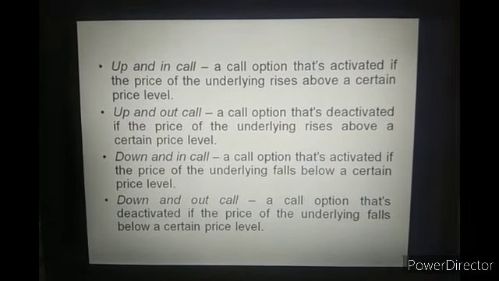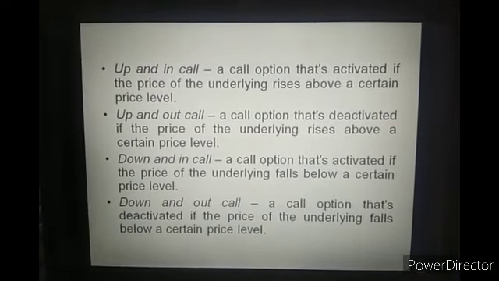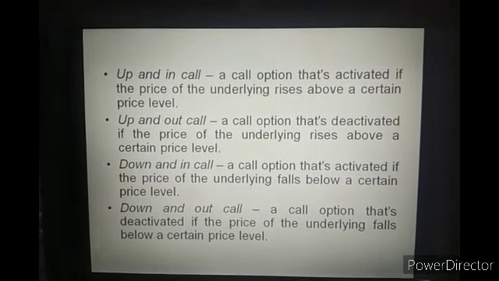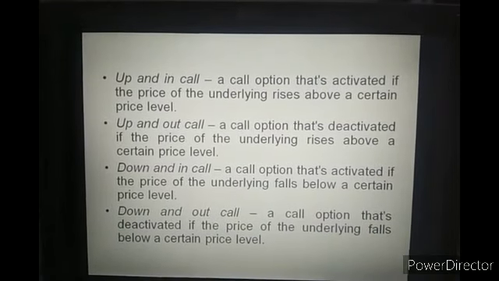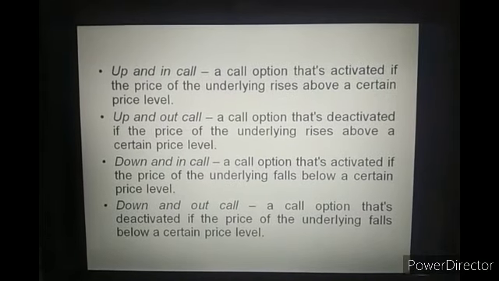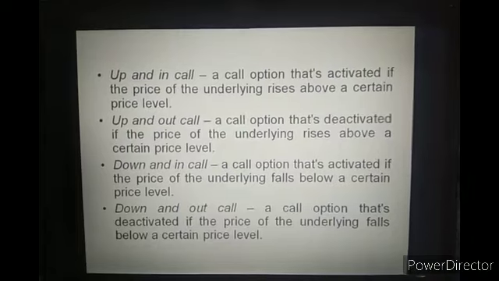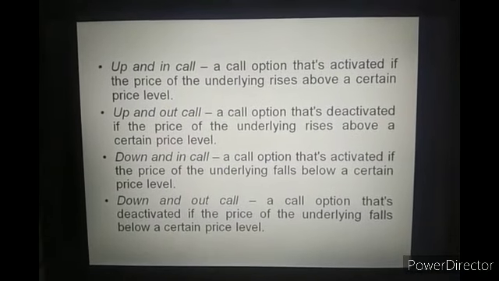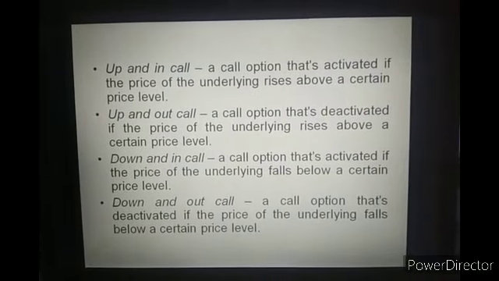Then down and in call. Suppose this is about the support level. You know that once it reaches the support, again it starts to rise. So if it reaches the down level, that is the support, you enter into a call option. From that, the price will go up and you will earn a profit. Then down and out. We also know that if the support level is broken, then more downside is expected.